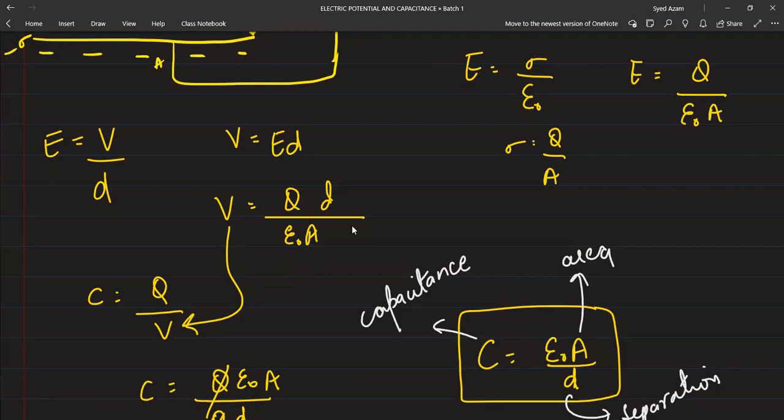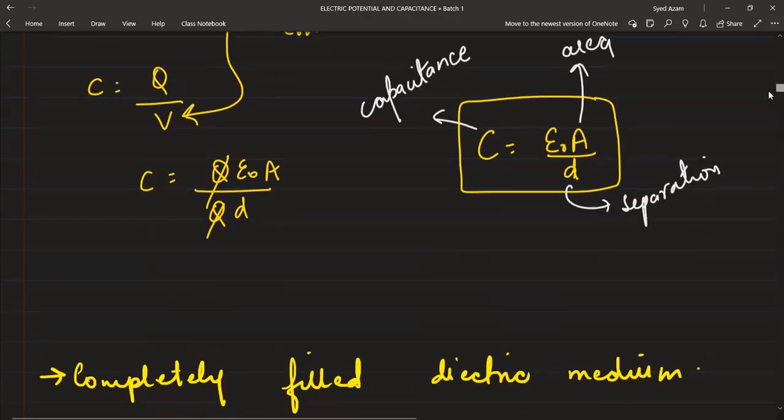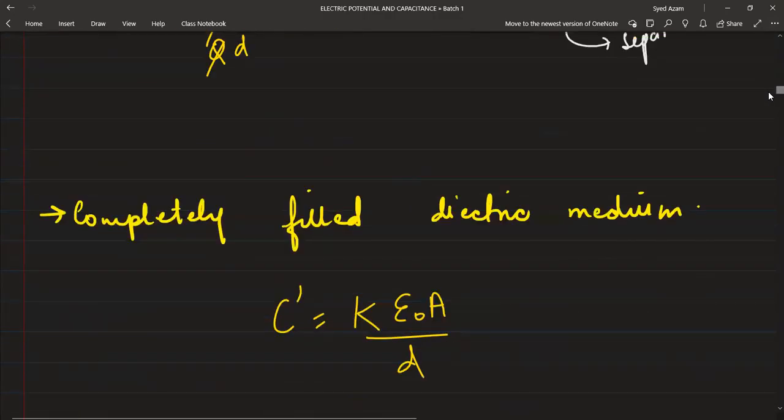Then calculate the potential, because for potential you required the electric field. Potential has been calculated, so simply put it in the formula of capacitance. So 3 steps: electric field, potential, capacitance. Okay, Shwana, this part is fine? Yes, ma'am.